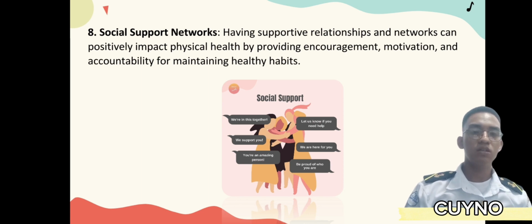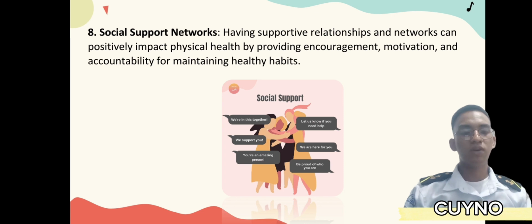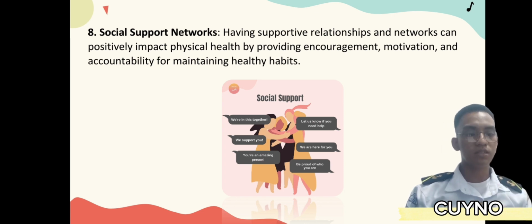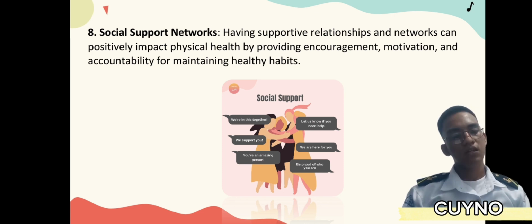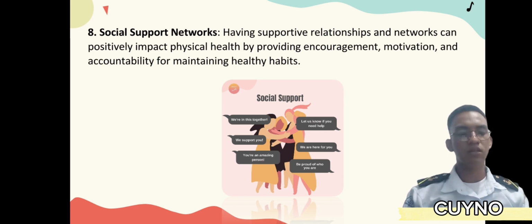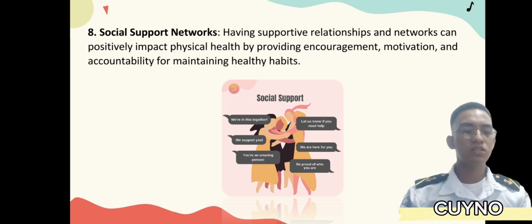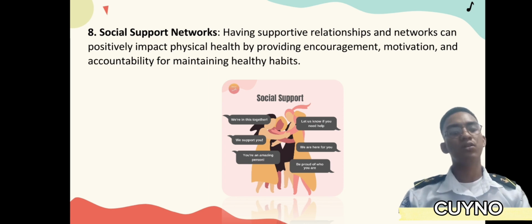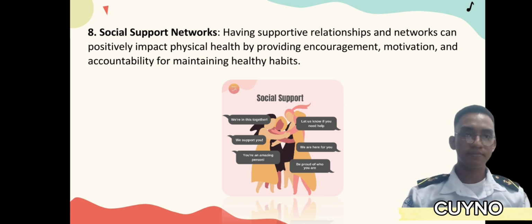For example, joining a walking group with friends provides encouragement, motivation, and accountability to maintain a regular exercise routine. This social support fosters a sense of belonging and positively influences individuals to prioritize their health, leading to better overall well-being.